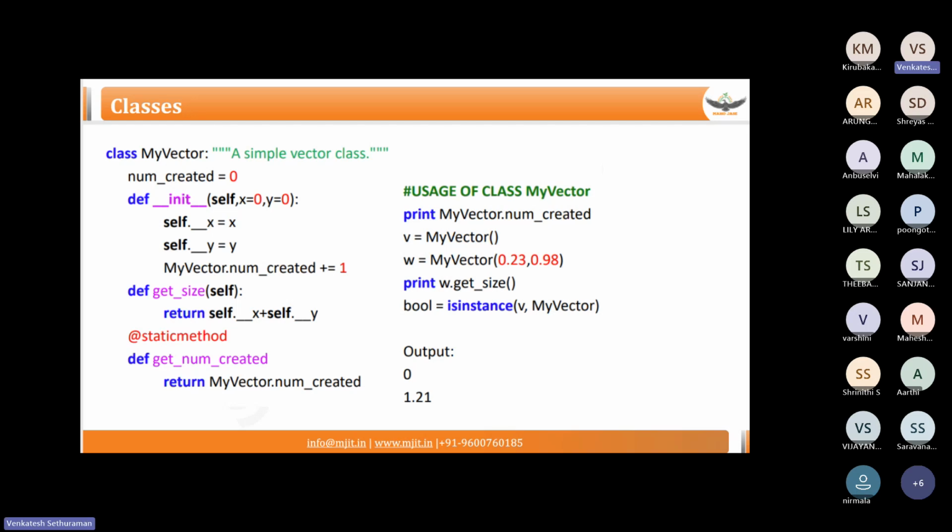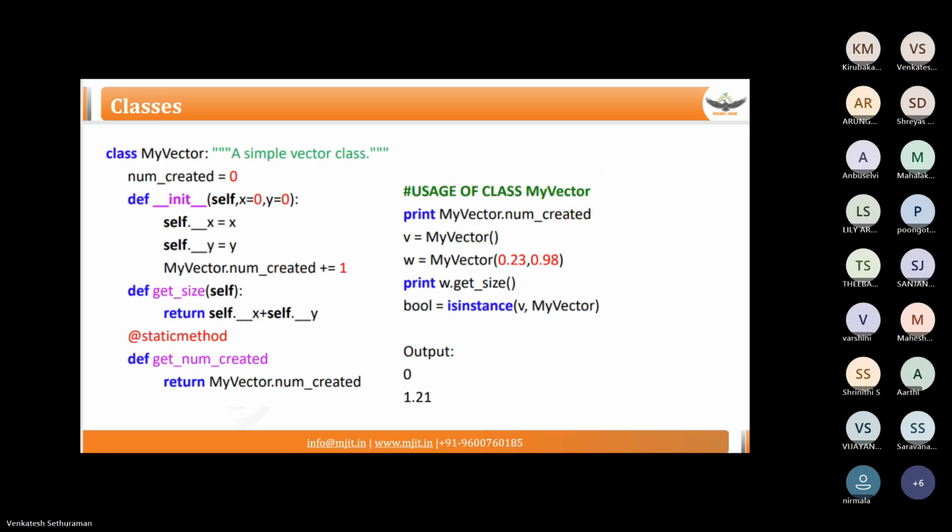Because of security, we go for object-oriented. The next point is it can simulate the real-time environment. That's why we are going for object-oriented.